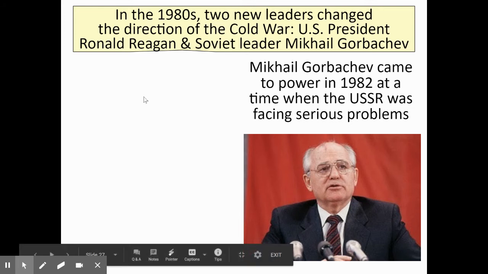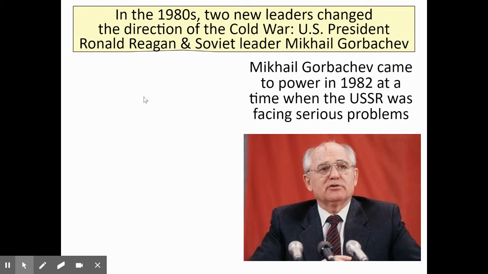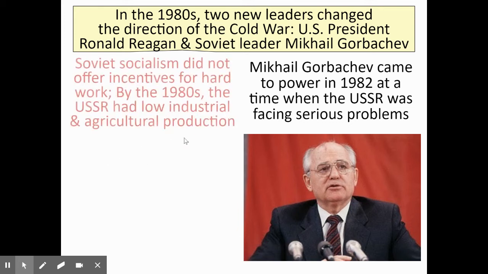Mikhail Gorbachev became the Soviet leader in 1982, and because the economy was so bad, he decided to change some things. Socialism was really not working because what was your incentive for hard work? If you're making exactly the same as the person sitting beside you who's taking a nap, why should you not take a nap?